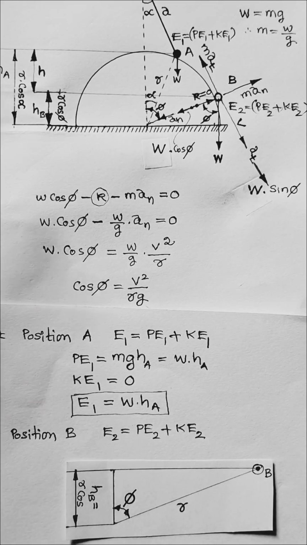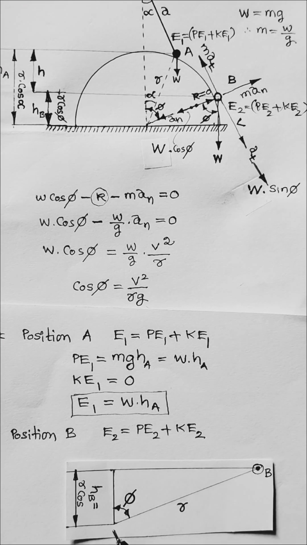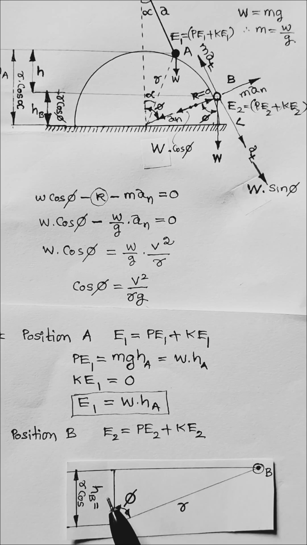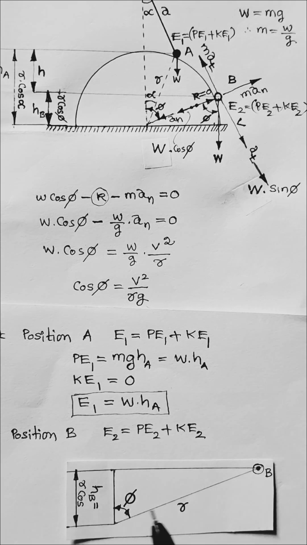We can estimate this HB by following this triangle. The radial line from B to center of cylindrical surface is R. The angle of inclination with vertical line is pi. This is the adjacent side. We can estimate this adjacent by following cos trigonometric ratio, cos pi. R into cos pi giving us HB.